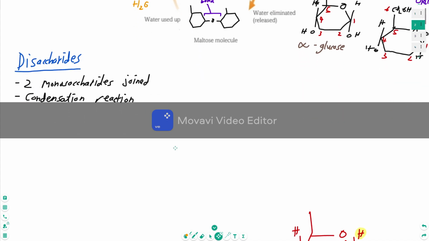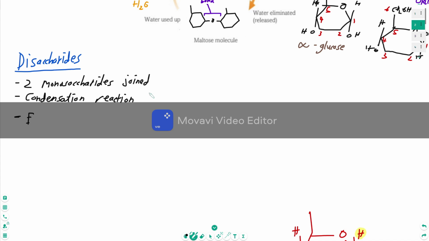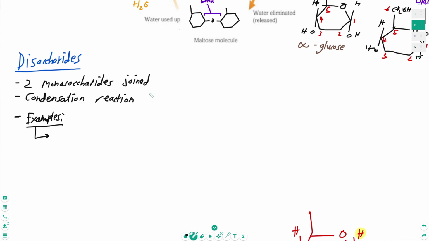Now besides maltose, we have some other examples that we need to know. Examples of disaccharides include alpha glucose when we make maltose.